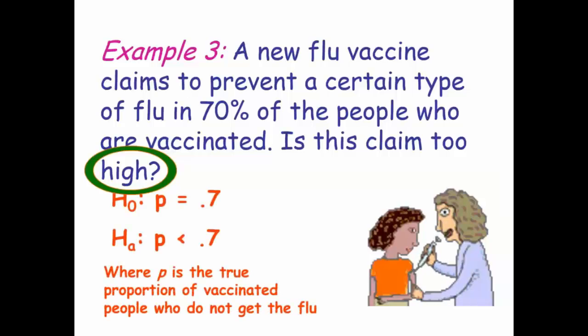So the null would be what's on the screen, and the alternative is less than 0.7. And again, I have to define in context what that variable means. That P is the true proportion of vaccinated people who do not get the flu.